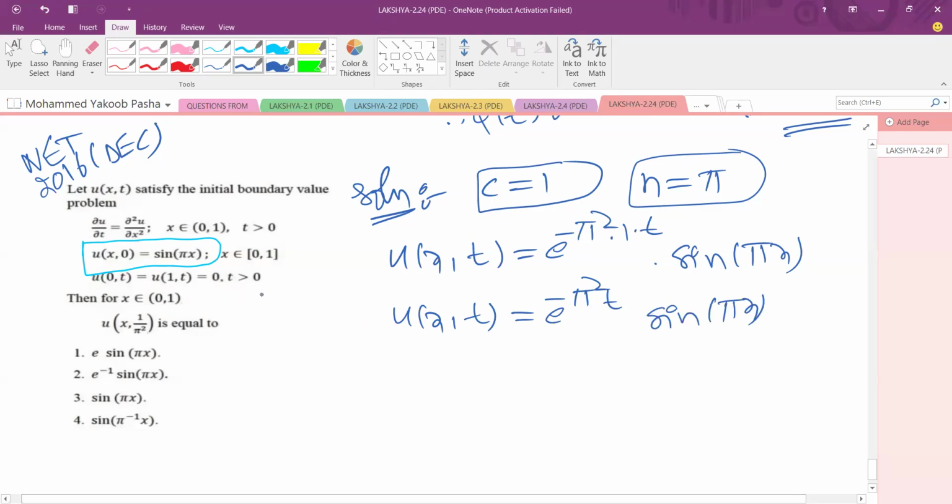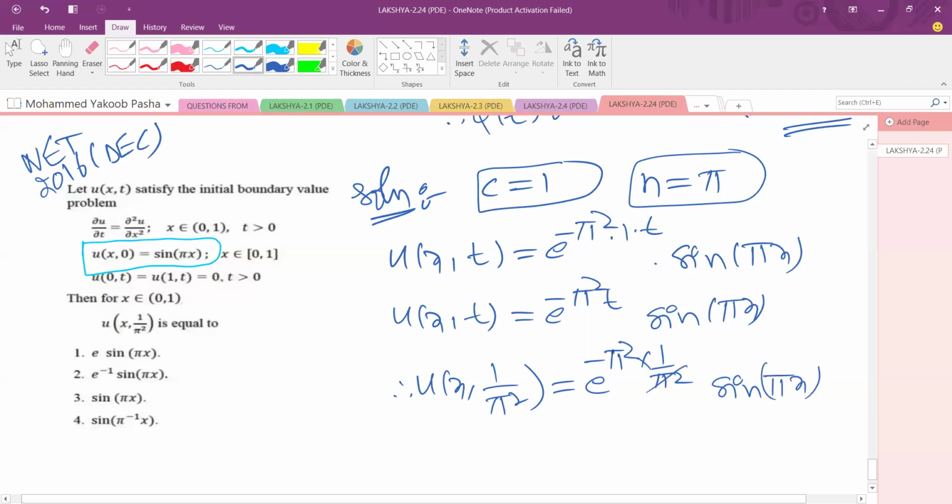So now calculate the u of x comma 1 by pi square value. Therefore, u of x comma 1 by pi square: in place of t, write 1 by pi square. So e power minus pi square into 1 by pi square, sin pi x.